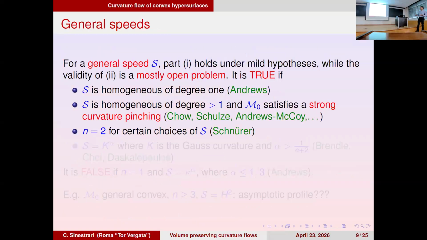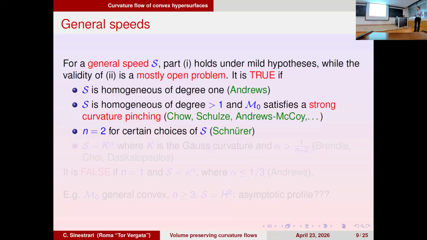Instead, okay, so this is again what I was saying. This is a brief summary of what is known about generalization of Wiscan's result for general speed. So as I was saying, part 1 is the shrinking to a point without making singularities before shrinking to a point. So shrinking to a point is known under very general hypotheses on the speed.